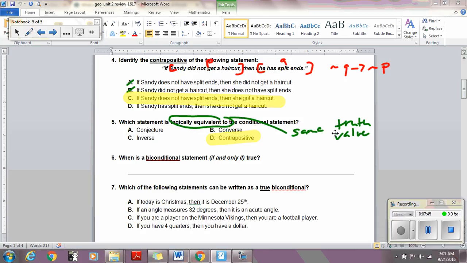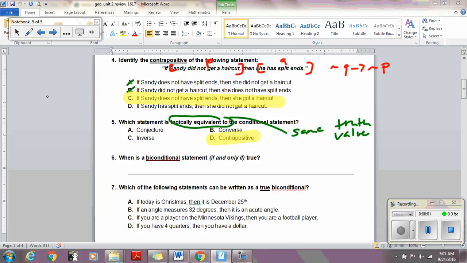Number 6, when is a biconditional statement true? The biconditional statement was the statement that we wrote when we used if and only if in the middle.